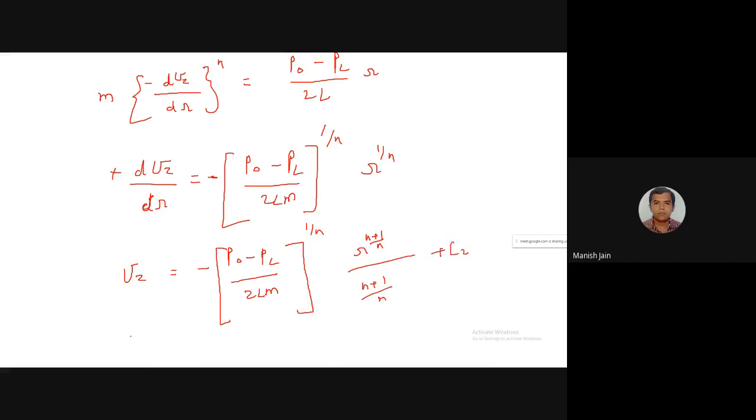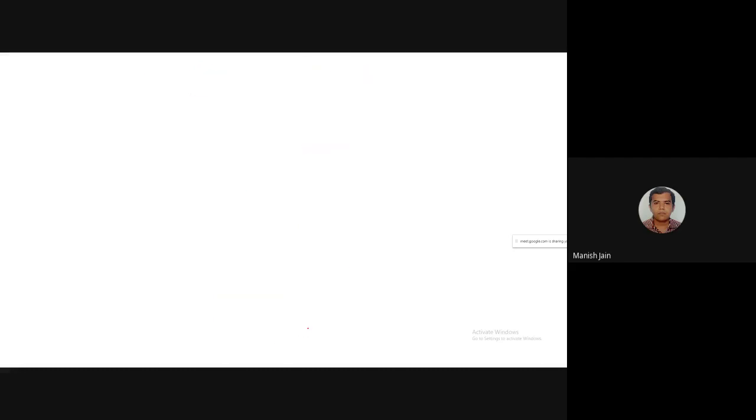Now you can take the second boundary condition, that is at r equal to capital R, vz equal to 0.